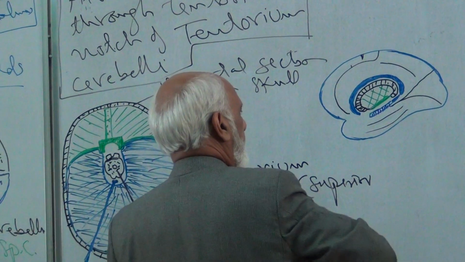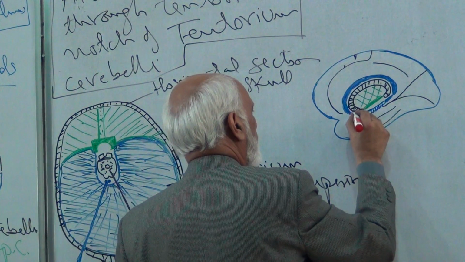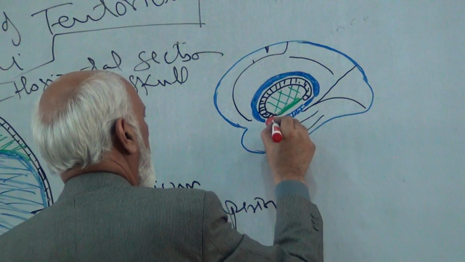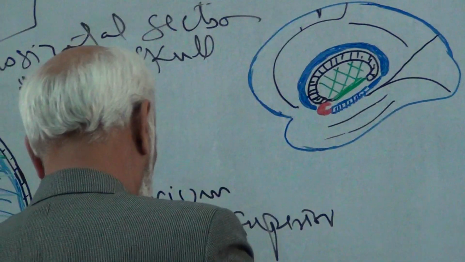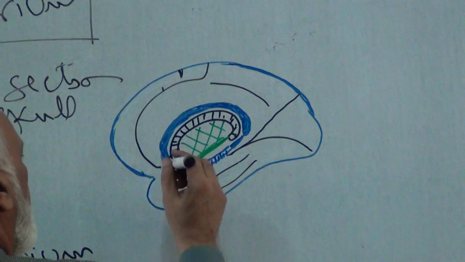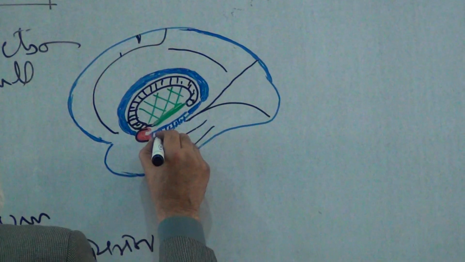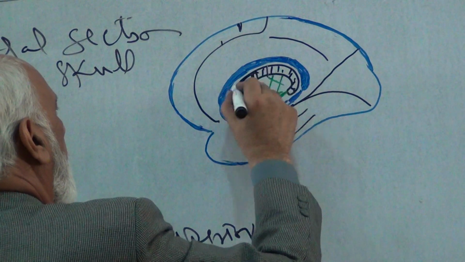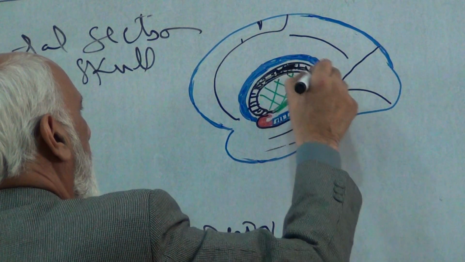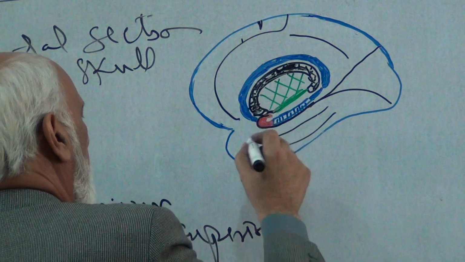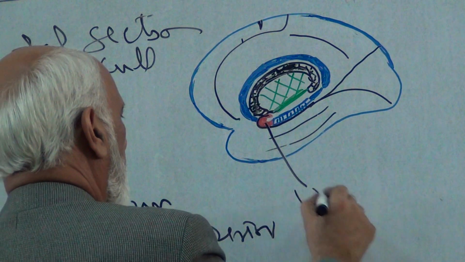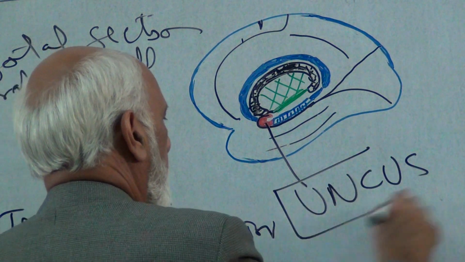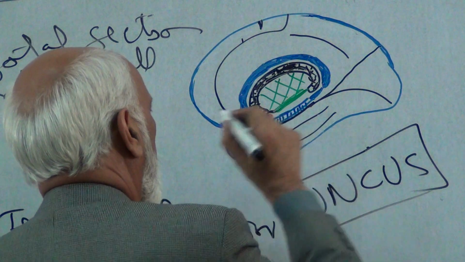Anteriorly there is a hook-shaped gyrus known as the uncus, part of the temporal lobe.